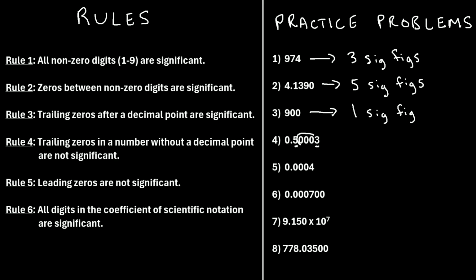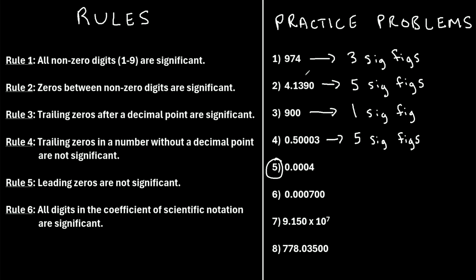But what about these zeros in between the 5 and the 3? Well, we can refer to rule number 2, which tells us zeros between non-zero digits are significant. So all 3 of these zeros are significant because they're in between 2 non-zero numbers. So in this case, we have 1, 2, 3, 4, 5 significant figures in this number. So let's go ahead and write that down.